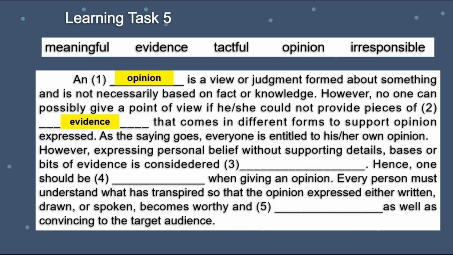As the saying goes, everyone is entitled to his or her own opinion. However, expressing personal belief without supporting details, bases, or bits of evidence is considered correct, irresponsible.